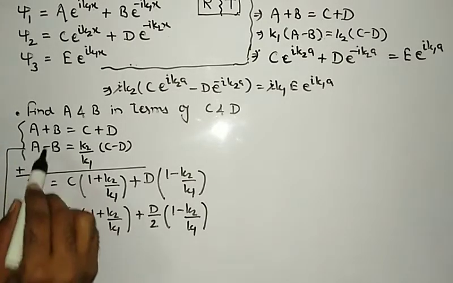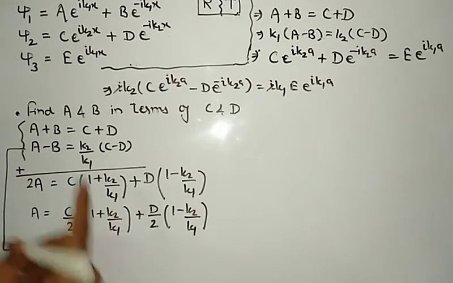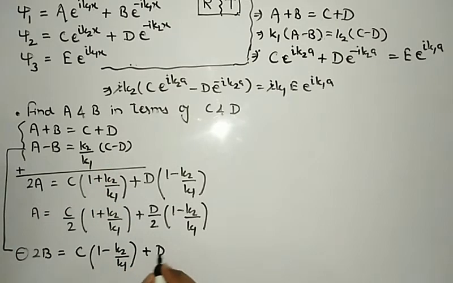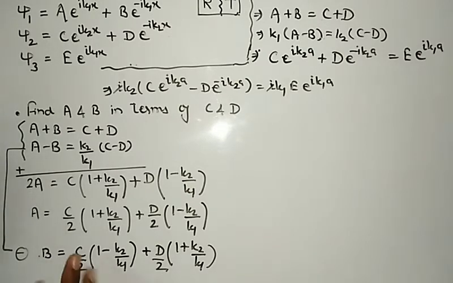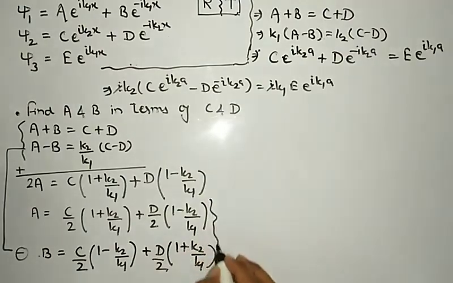This A will be cancelled out, so we will get 2B. 2B is equal to, for minus we will take common C, so we get 1 minus K2 by K1 plus D 1 plus K2 by K1, and obviously when this 2 is shifted here, C by 2 and D by 2. So what we have found here is the value of A and B in terms of C and D. We will use it further.